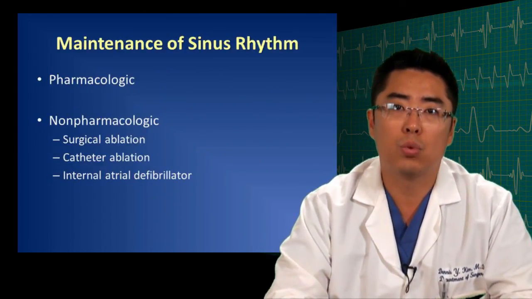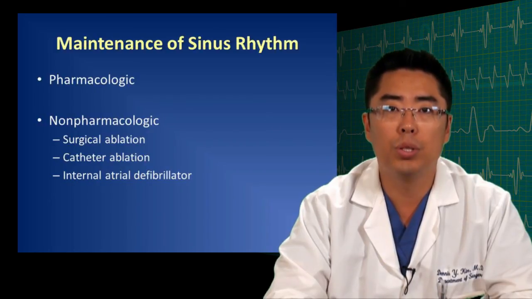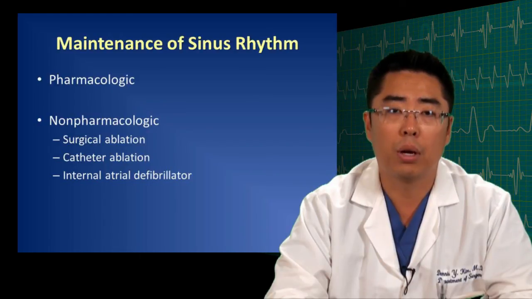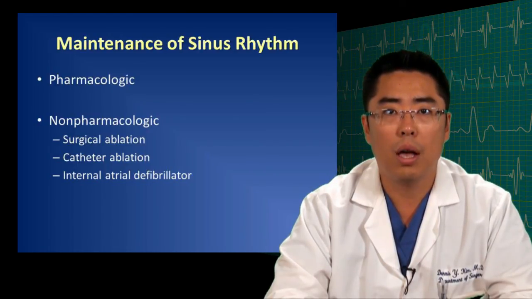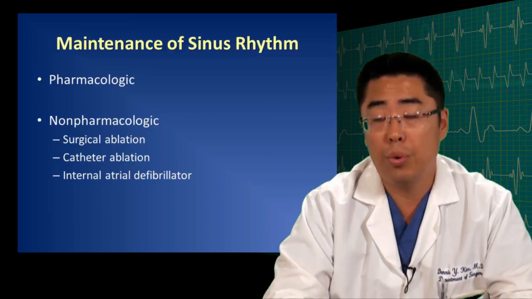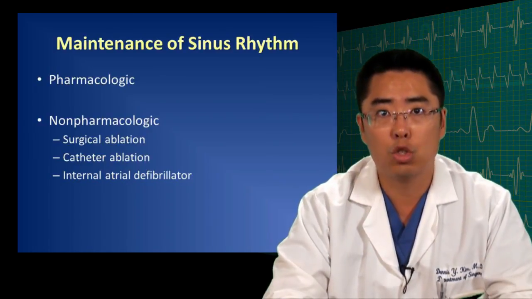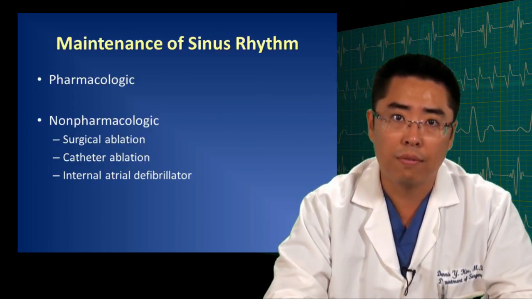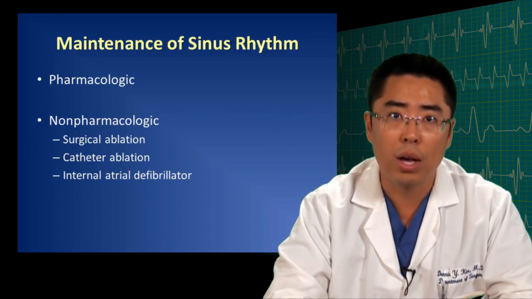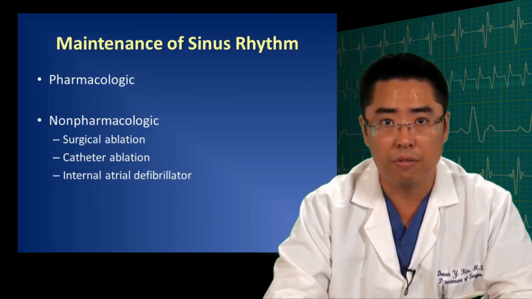The maintenance of sinus rhythm, again, is something that we don't usually deal with in the acute care setting, but the point here is that this can be done pharmacologically with either class 1, 2, 3, or 4 agents. Again, the specific regimen, dosing, and duration is dependent on a number of underlying host as well as structural factors. Non-pharmacologic means of intervention are usually employed in patients who have failed multiple trials of medical therapy.